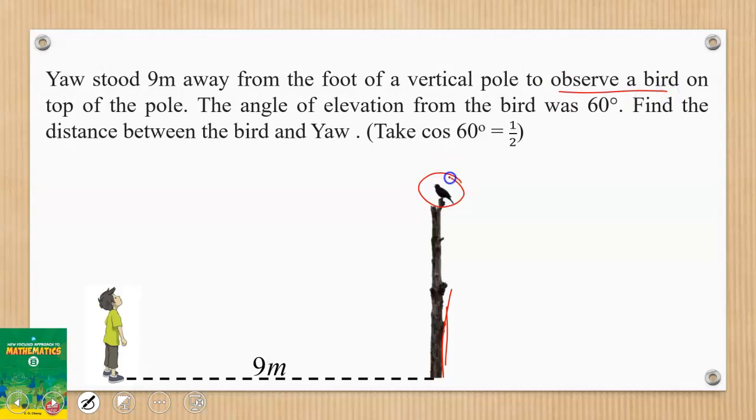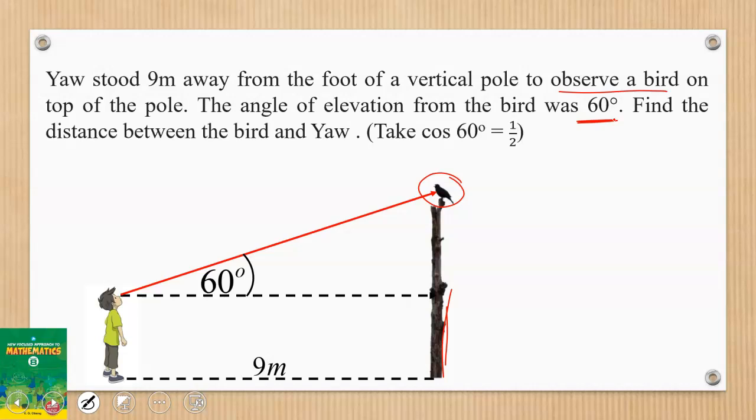The angle of elevation to the bird was 60 degrees. That means Yao, with his normal sight, should be like this, but because he's looking at an object at the top, he has to raise the head. That is the angle of elevation, and it was given as 60 degrees. Find the distance between the bird and Yao.